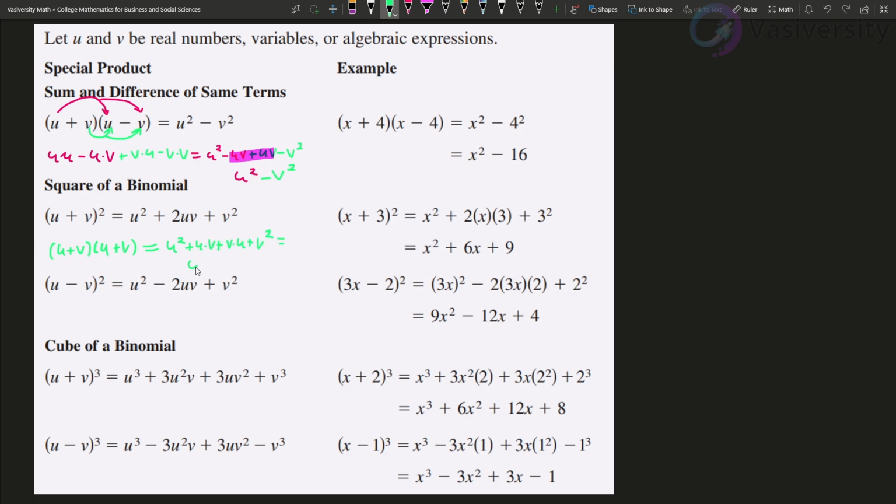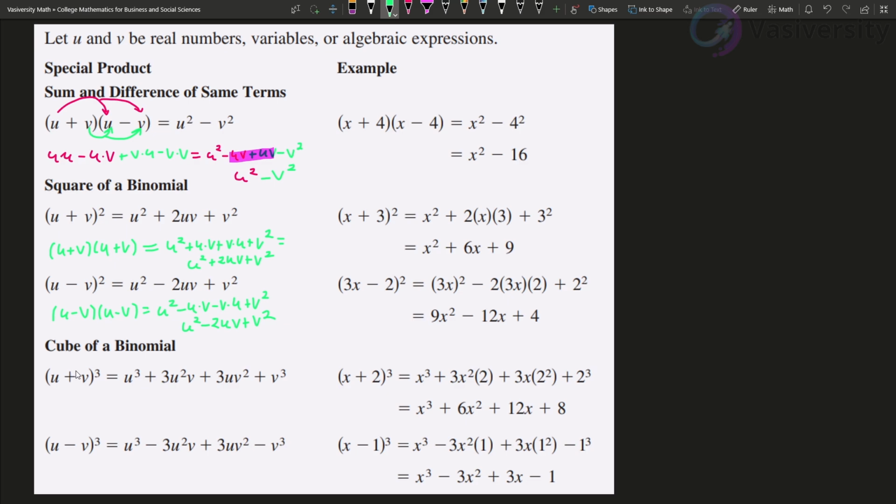So if we simplify, we're going to have u squared plus 2uv plus v squared. And then similarly, we can do it for the following. It's going to be u minus v times u minus v, which is equal to u squared minus u times v minus v times u plus v squared, which if we simplify, negative uv minus uv, it's going to be negative 2uv. So we're going to have u squared minus 2uv plus v squared.